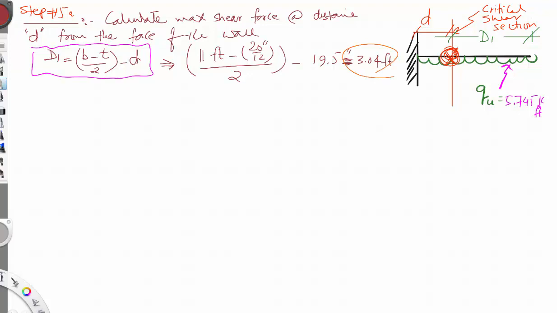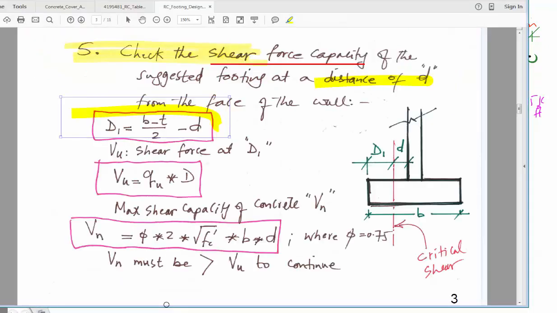Okay, what is next? Next we'd like to calculate the shear force at this point. Let's go back to the rules.